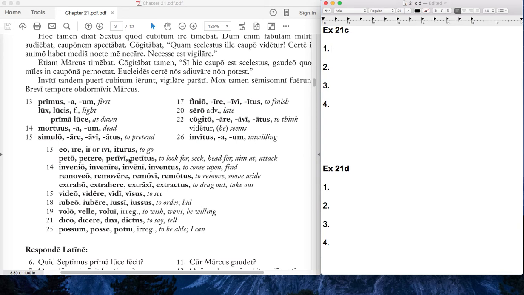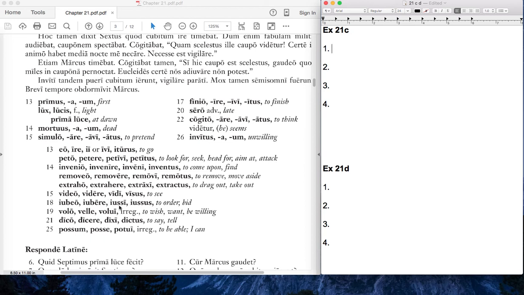And again, petitus, you do not have to really worry about at this point, but I would definitely focus on the first three principal parts of verbs so that when you see forms of these, you'll know what verb we're dealing with. Notice if you look down here at 18, iubeo, notice how iubeo, iubere, to order changes into iussi, which means I ordered.